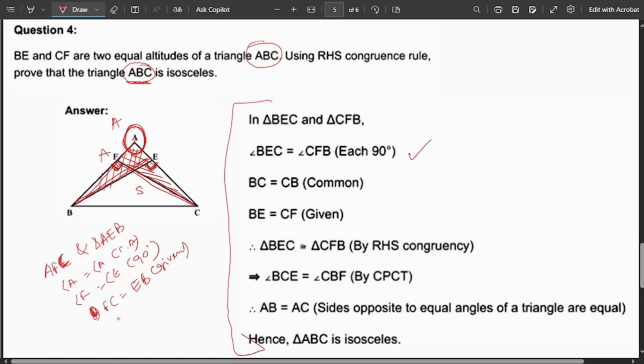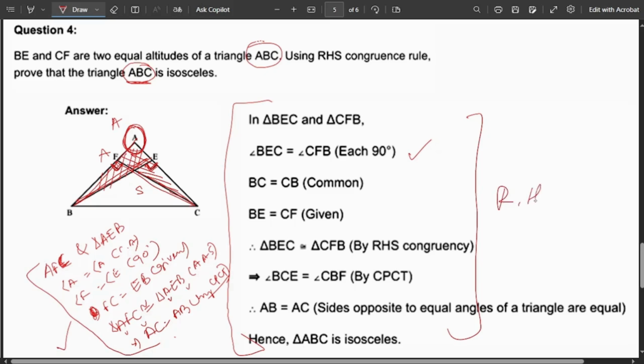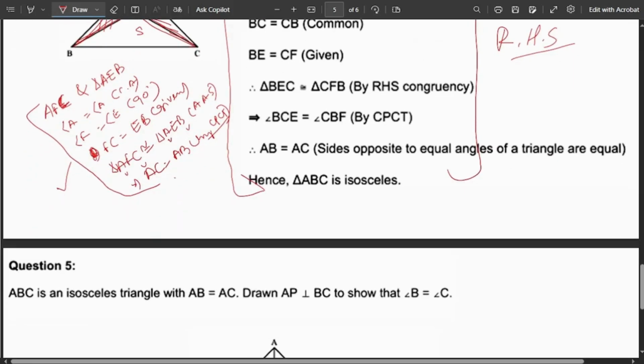So by angle side congruency, triangle AFC is congruent to triangle AEB. Hence by CPCT you can say AC equals AB. You can write this proof also. Here we used right angle hypotenuse side, and in the earlier one we used angle side.